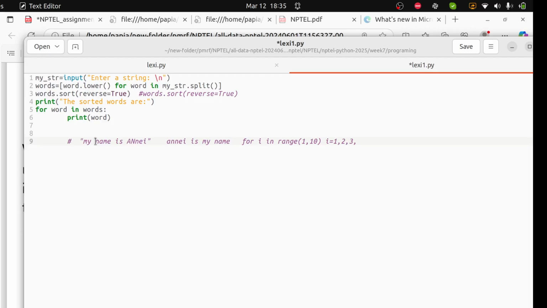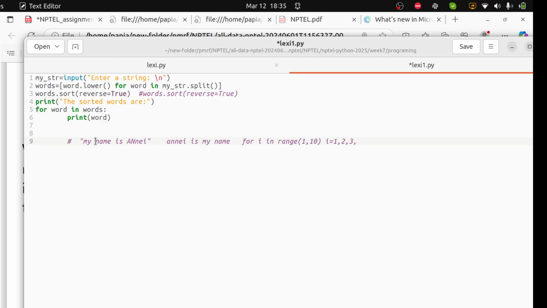So it is different because word is already inbuilt. It gives the meaning that whenever we have a space, because we know that my is a word, name is a word, but Python does not know what the word will be.